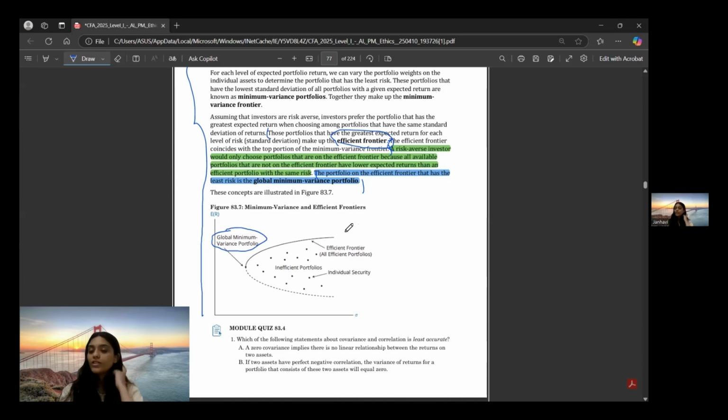On an efficient frontier, the point that tells you there is the least amount of risk by investing in the portfolio at that point is called the global minimum variance portfolio. The portfolio on the efficient frontier with the least amount of risk is the global minimum variance portfolio.